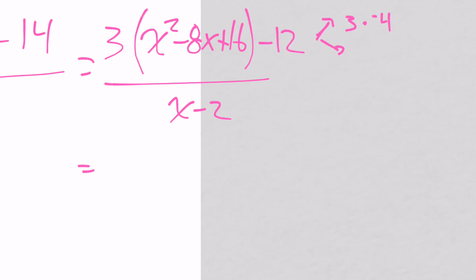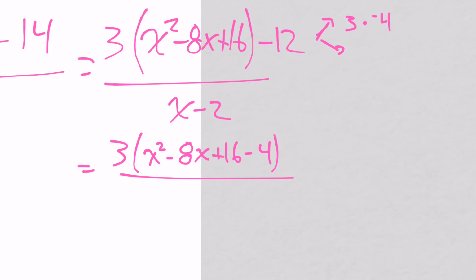So what that means is you could rewrite this as 3 times (x squared minus 8x plus 16 minus 4), because look, I would have to distribute the 3 to the minus 4, giving me that original minus 12 that I had. That's over x minus 2. That's a 2, I promise you. It looks like a 12. That's a 2. Okay, that's a 2.